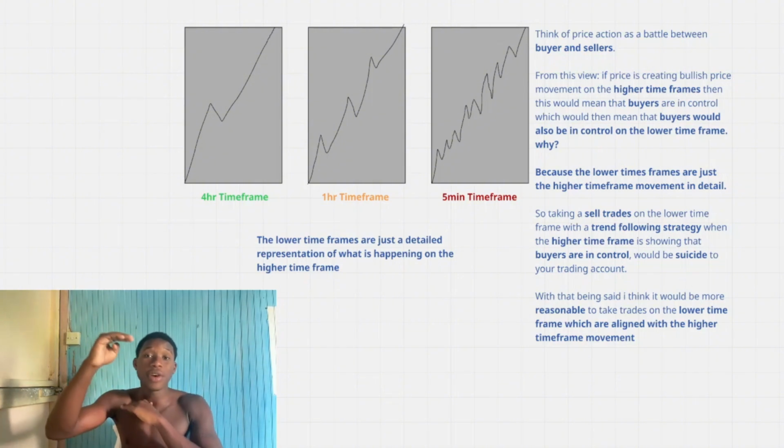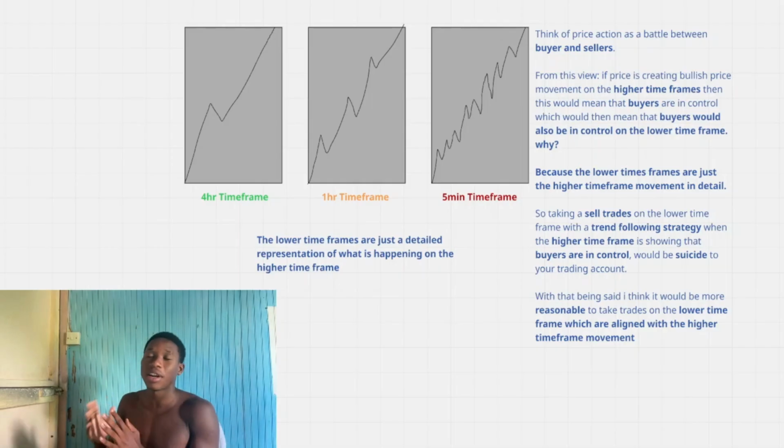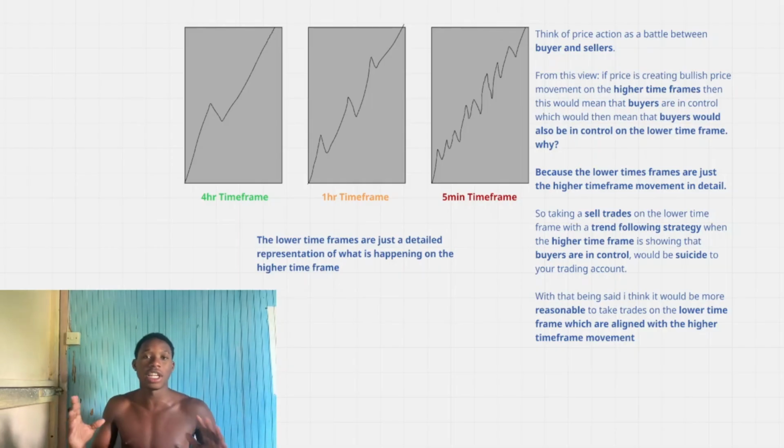Remember, you have different strategies. Some strategies don't really rely on trend. They rely on a trend reversal and things like that. But if you have a trend following strategy and then on a lower time frame you take a sell trade when the higher time frame is clearly showing you that buyers are in control, you're literally taking a trade that is probably going to lose.